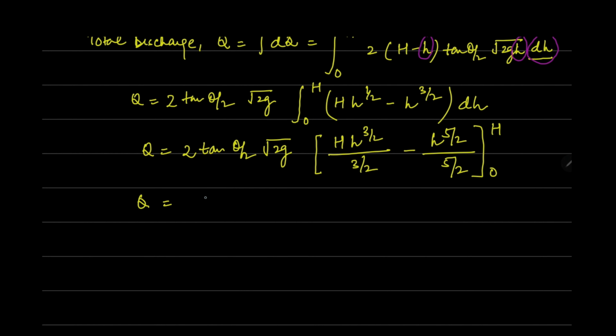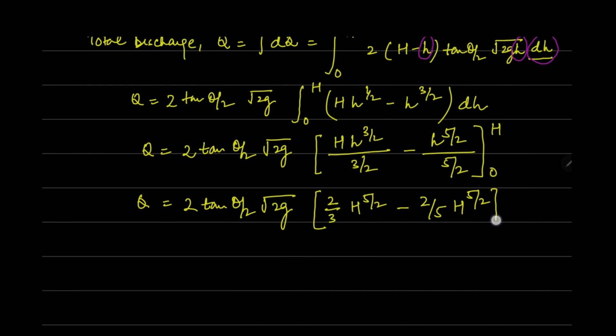So this Q is equal to 2 tan theta by 2 under root 2g, and then this will become 2 by 3 h raised to the power 5 by 2 minus 2 by 5 h raised to the power 5 by 2.